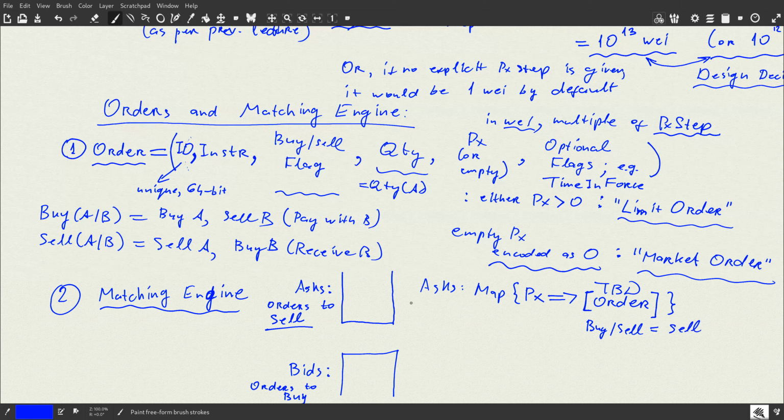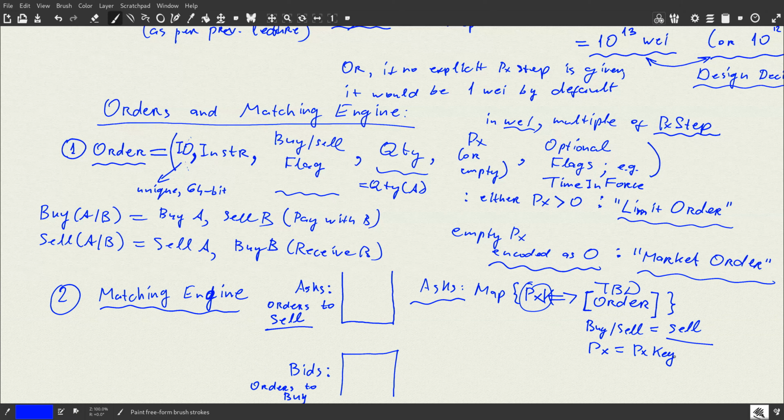So at the ask side there are sell orders, and the price equals the price key. So basically what we do, we group together all orders with the direction sell and a given price and make a list of them.